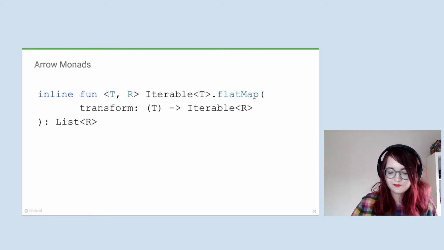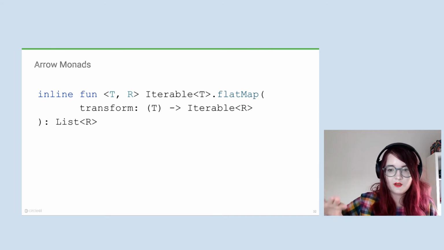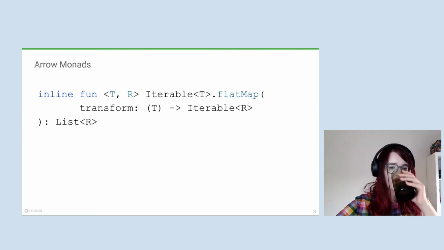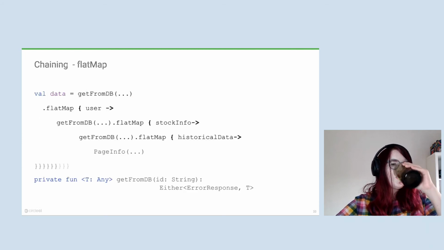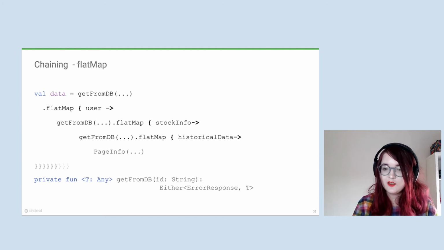You're taking the value just as you would from a list and unwrapping it. And as you can chain iterables, you can also chain eithers. And what's interesting, the chaining of eithers works as follows.